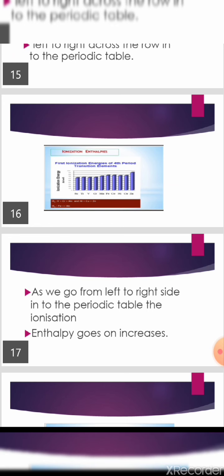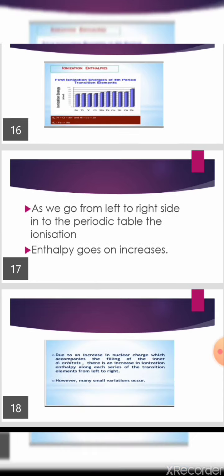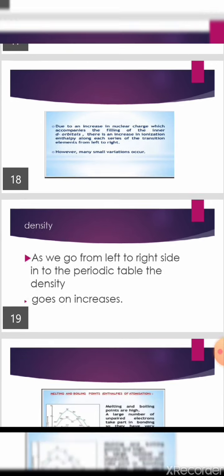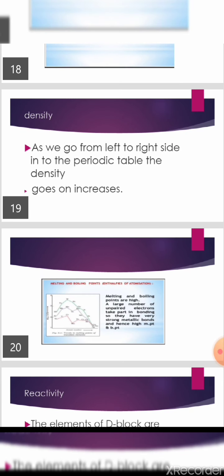Second property is ionization enthalpy. As we go from left to right in the periodic table, the ionization enthalpy goes on increasing. This is due to the nuclear charge increasing with atomic number across the series. Next property is density.